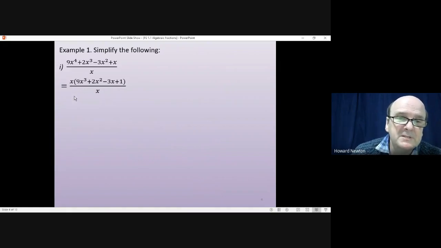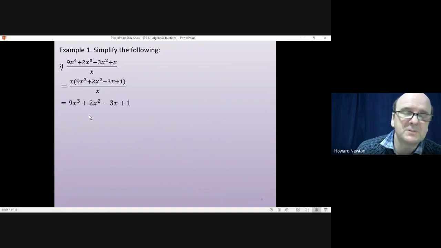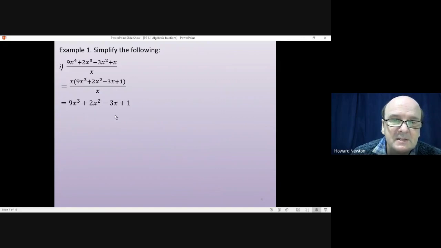What I'm really doing is dividing the top of the fraction by x, dividing the bottom of the fraction by x. What it feels like is you just cancel the fraction, which is why you have the term cancelling. So cancelling the x's just leaves me with 9x cubed plus 2x squared minus 3x plus 1. I'd have divided by 1, but if you're dividing by 1, then you don't need to write it as a fraction. That is the answer.